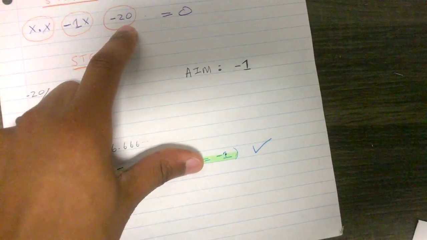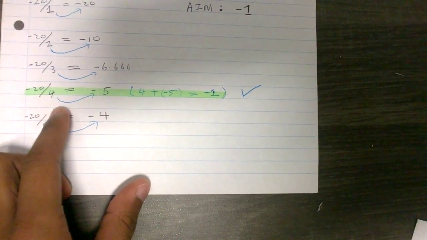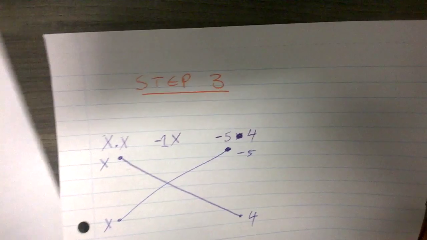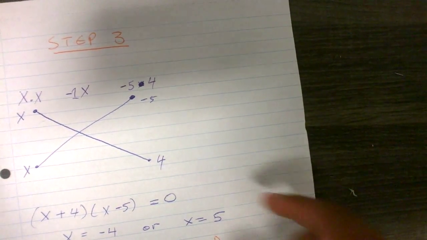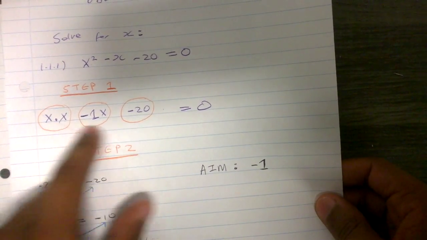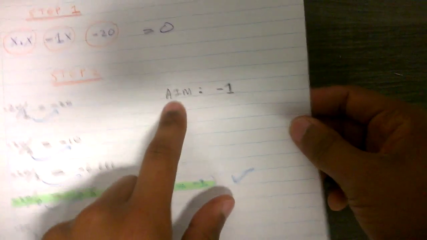Don't forget, can you see this -20? You're going to rewrite it into a good form because you've reached your aim. Step 3: you're going to take what you got previously, because it allows you to reach your aim.